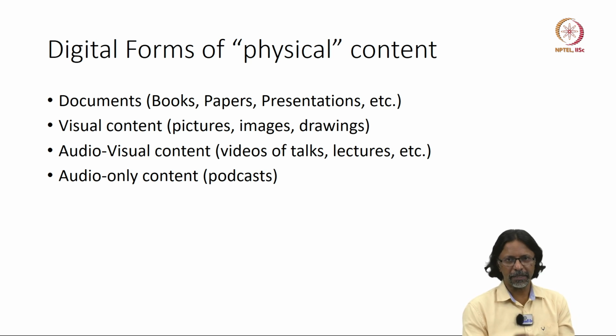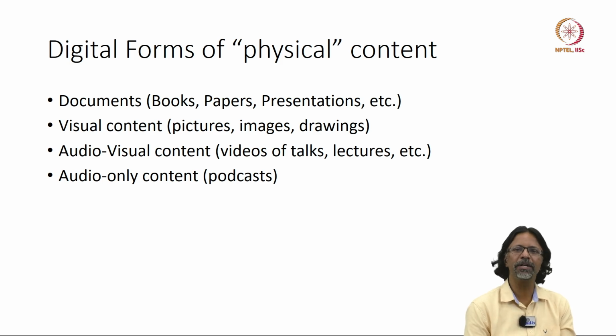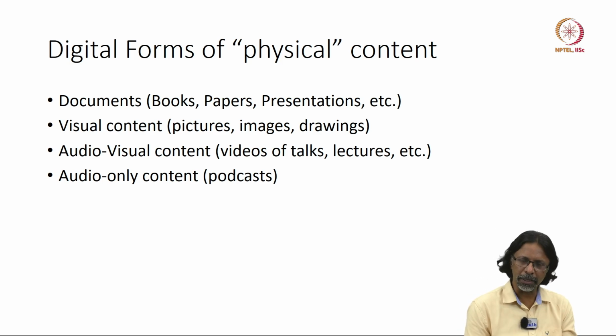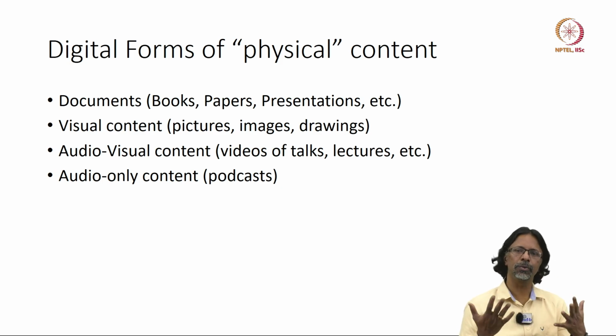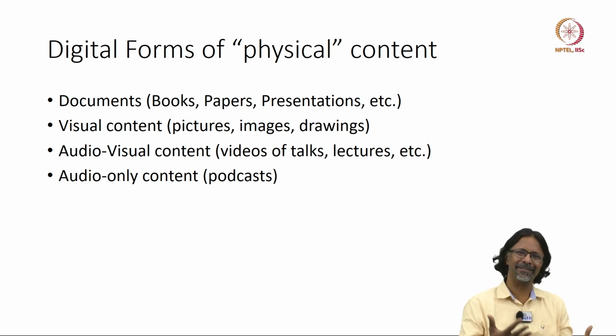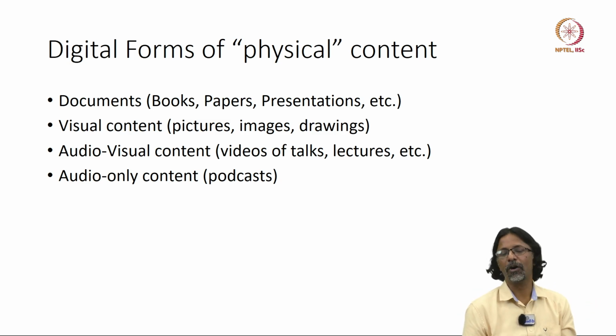In fact, I would like to take a minute to distinguish between a PDF and an e-book. A PDF is a lot more passive, whereas an e-book allows you to be much more interactive with your own book. It allows you to access that content in a non-linear manner.